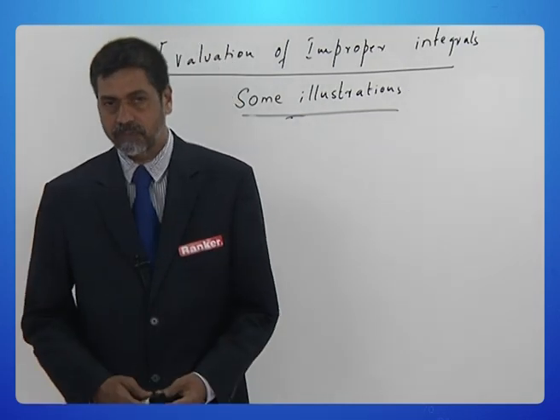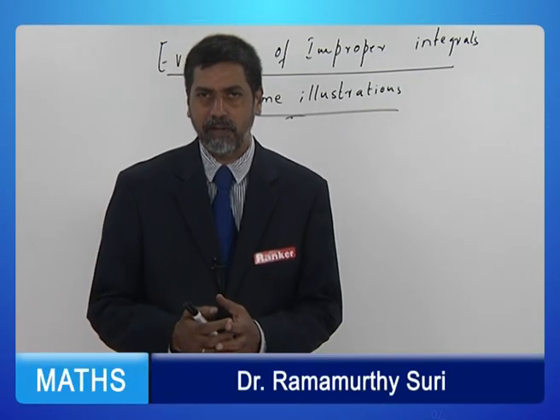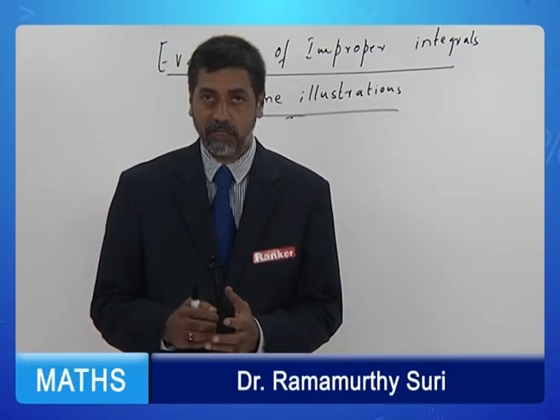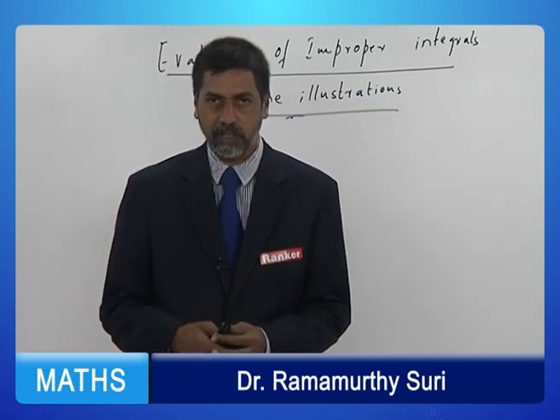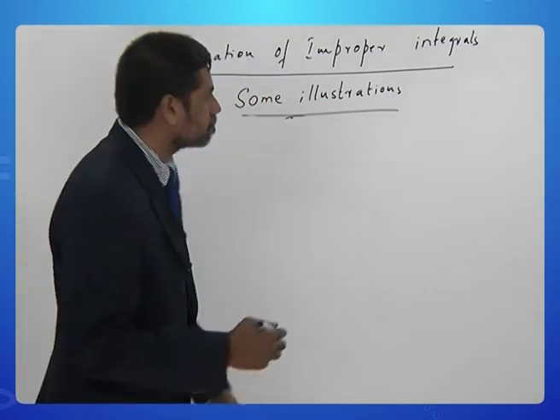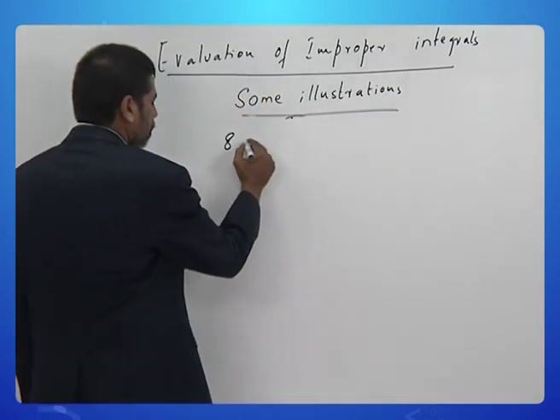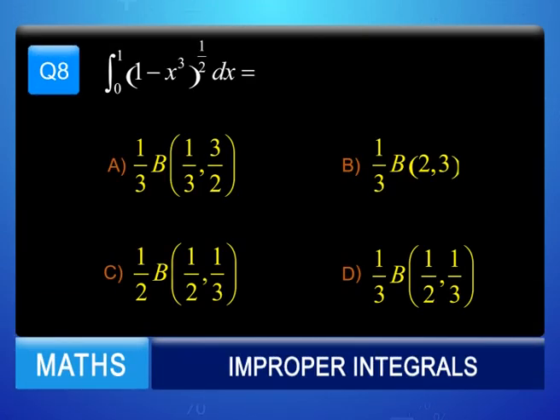Question number 8 is a very nice problem which looks harmless, but again requires some substitution so that it can be solved by the beta integral. The problem that we have selected is integral 0 to 1 square root of 1 minus x cube.